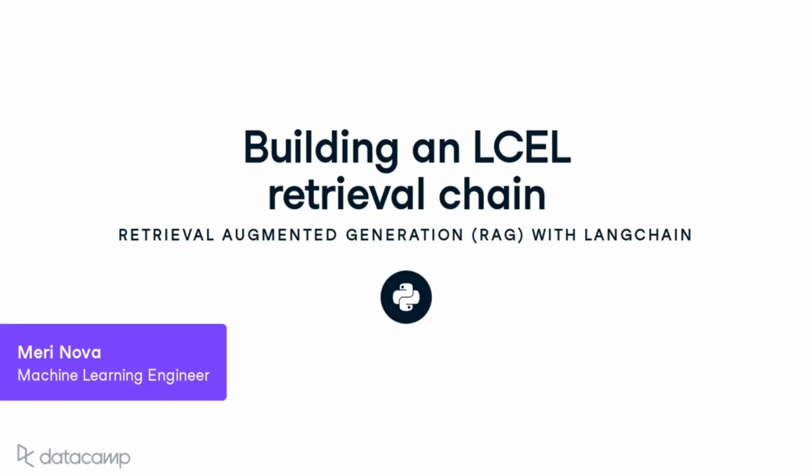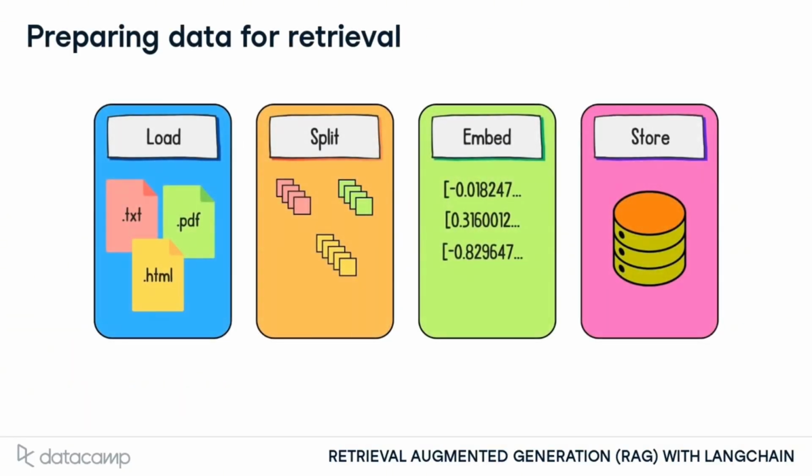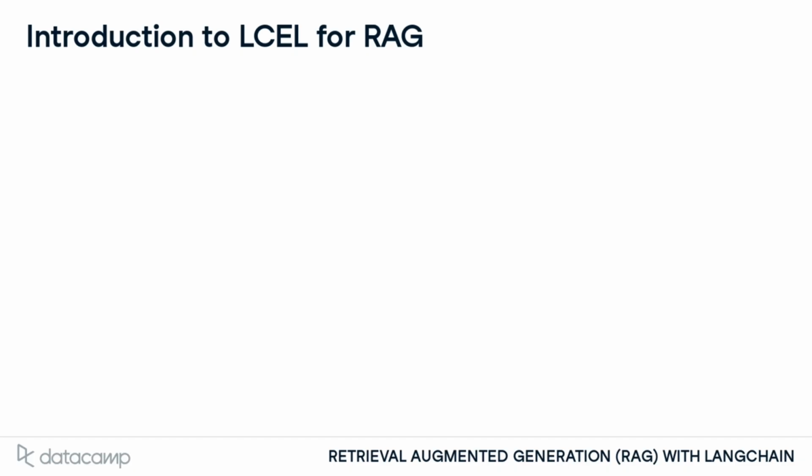Great work so far. Now we have our external data stored and ready for retrieval. It's time to create the retrieval chain to integrate it with an LLM. LangChain Expression Language, or LCEL, is a declarative syntax for defining chains suited from prototypes to production.